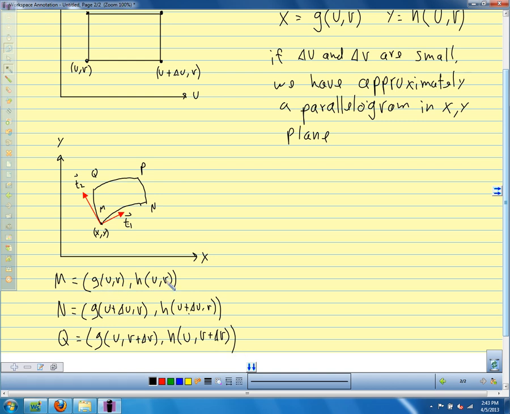So these are x, y coordinates in terms of the transformed coordinates. Well, t1 in the xy plane, we can write an expression for that vector in the xy plane. It's going to be dx du i hat plus dy du j hat.